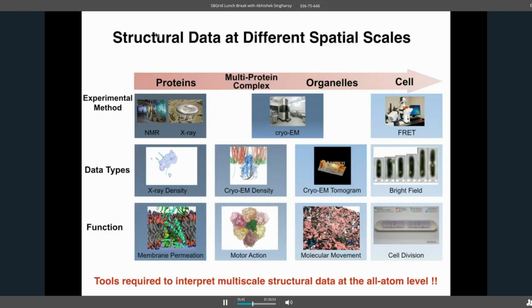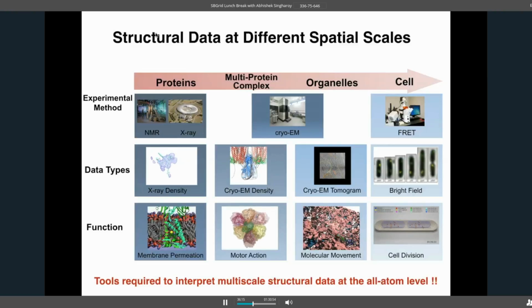Now the aim of the work that I'm going to show today is to interpret this data across multiple scales in all-atom resolution. These are the tools that we have been developing in Urbana-Champaign, where we use molecular dynamics simulations and integrate data from different experimental sources coming from different length and time scales, and try to interpret that at an all-atom level.